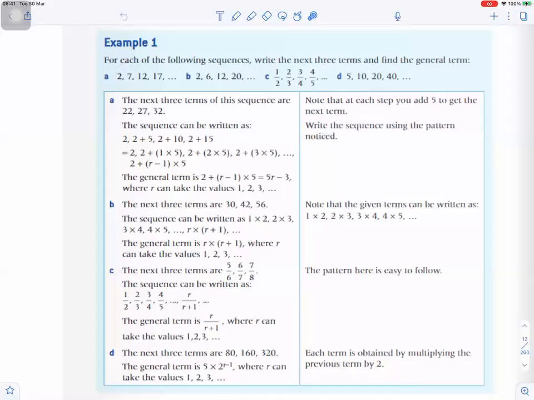To get from 2 to 7, you add 5. 2 plus 5, 2 plus 10, 2 plus 15. And then you can write the sequence like that. The general term is 2 plus (n minus 1) times 5. So it's 5n minus 3, where n can take values 1, 2, 3. So you can try the other ones and work through them to see whether you can get those patterns.